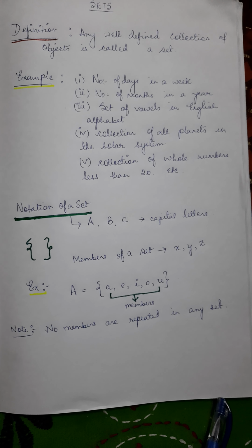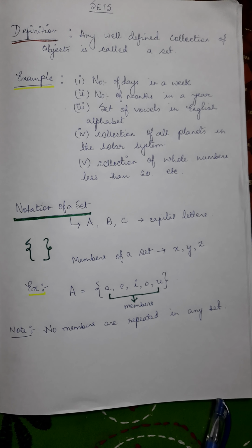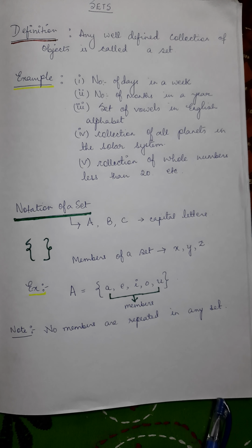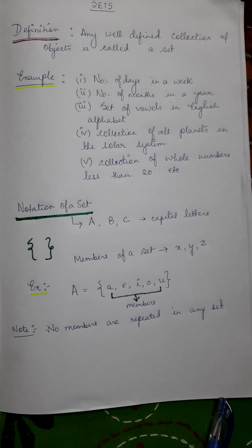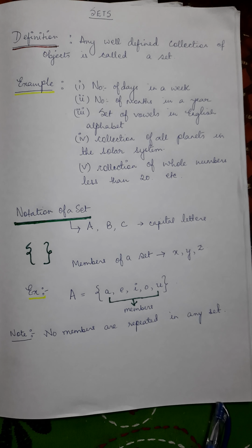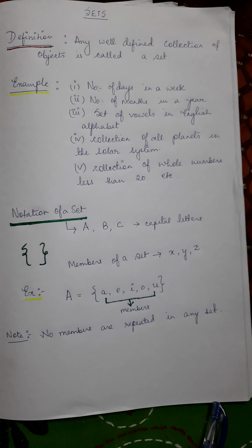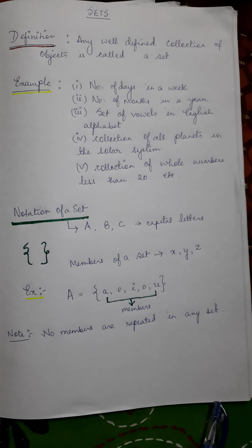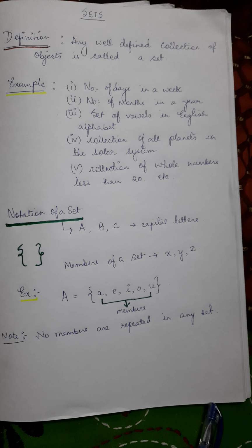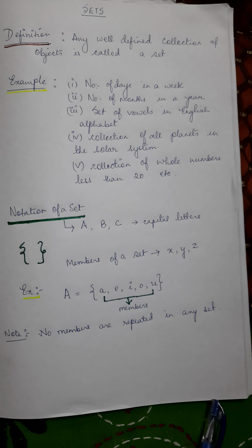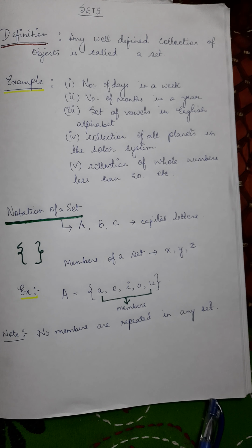Collection of whole numbers less than 20 is also a set. So the examples that I have told you out here, have written out here, they all form a set. Why do they form a set? Because they all are well defined collection of objects.